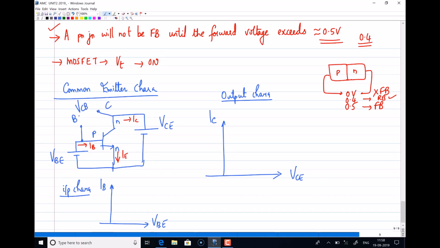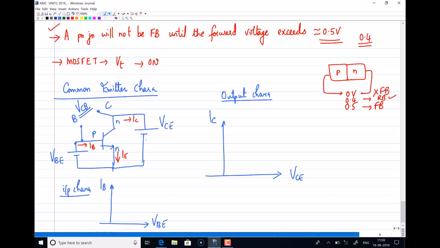So this is C and this is B. The VCB voltage decides whether the junction is forward biased or reverse biased, but we are not connecting a voltage directly between collector and base. So the collector-base junction is forward biased by the effective voltages applied to the base at the base-emitter side and the collector at the collector-emitter side.